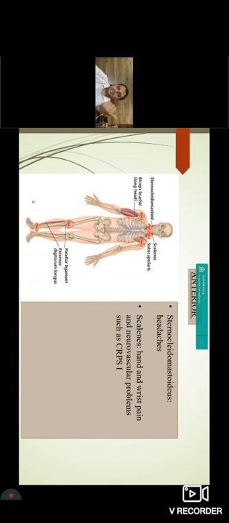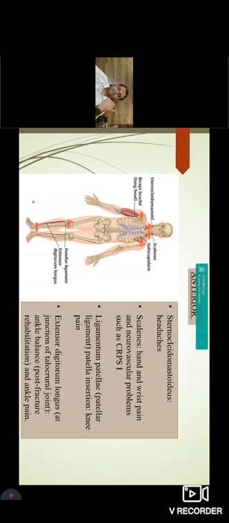You have the scalenes for hand and wrist pain, neurovascular problems. Ligamentum patella for knee pain. You have the extensor digitorum longus at the junction of the talocrural joint for ankle balance, post rupture, and ankle pain.